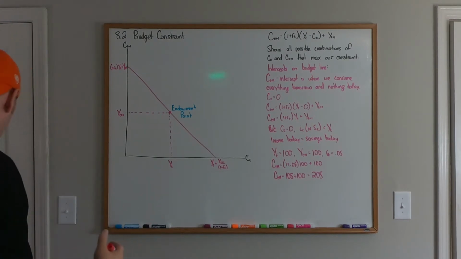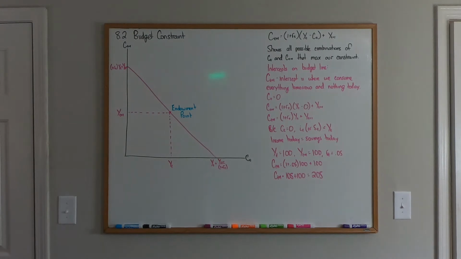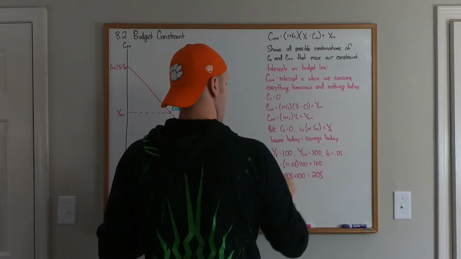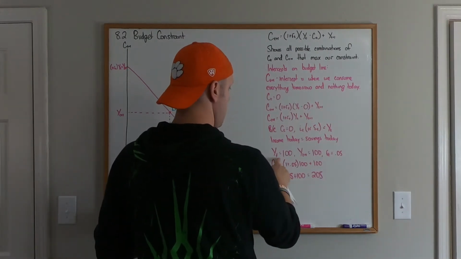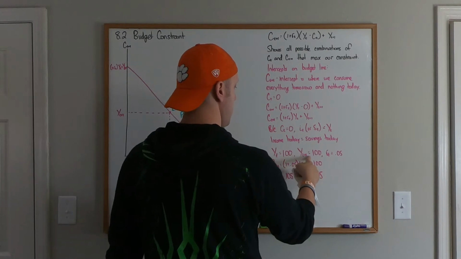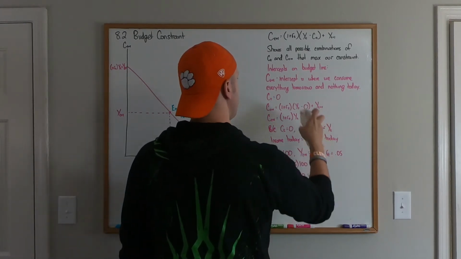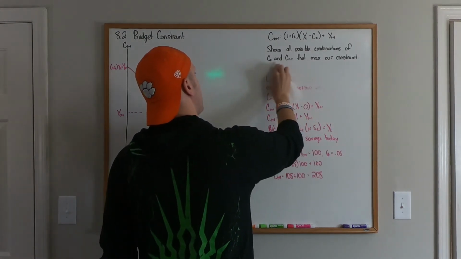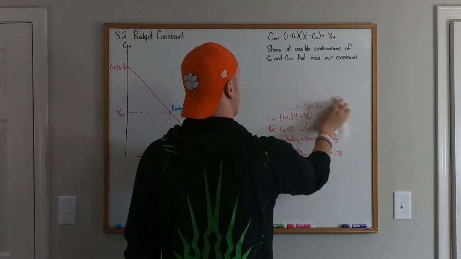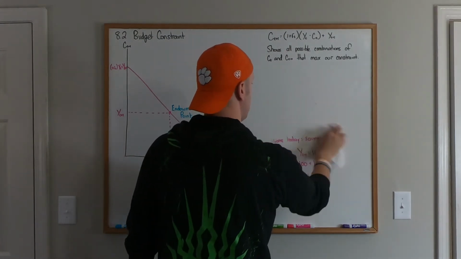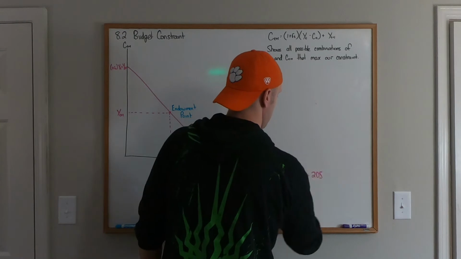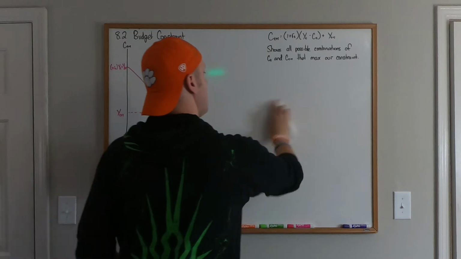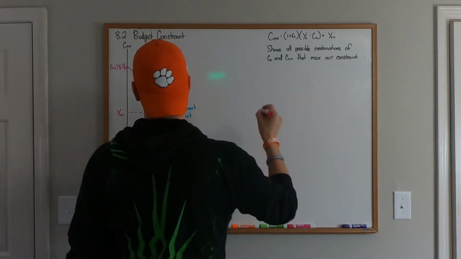All right, now let's look just for a second at what our consumption would be if, again, this held. So I've got YT is 100, YT plus 1 is 100, the interest rate is 5%. Let's look at what consumption would be if I consumed everything today and absolutely nothing tomorrow. How much would consumption be? Well, let's take a look.